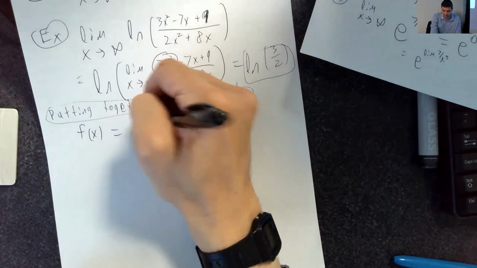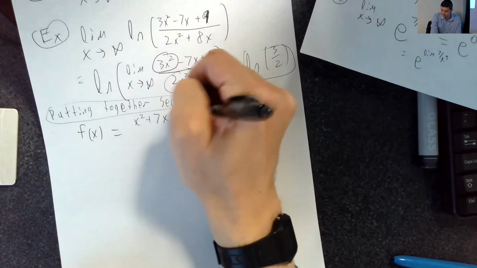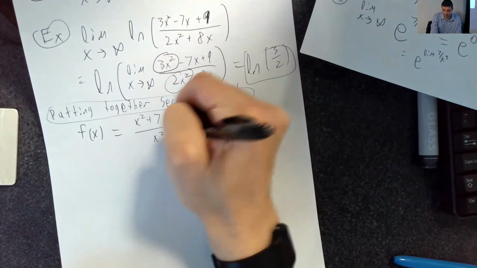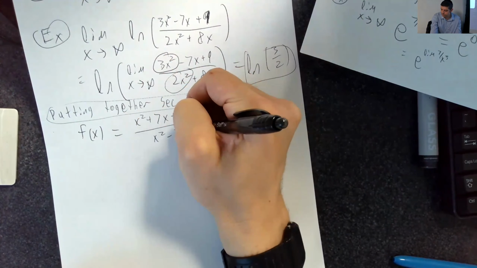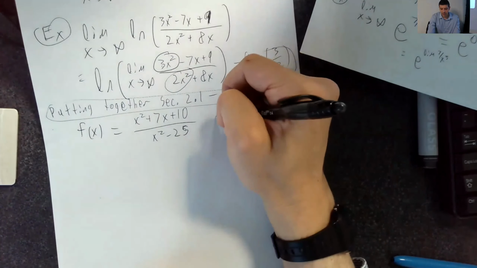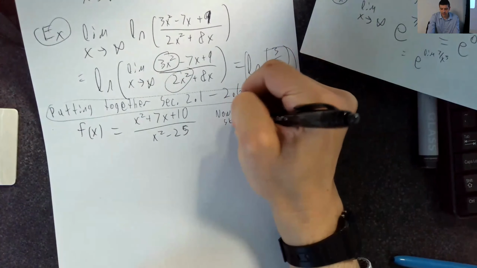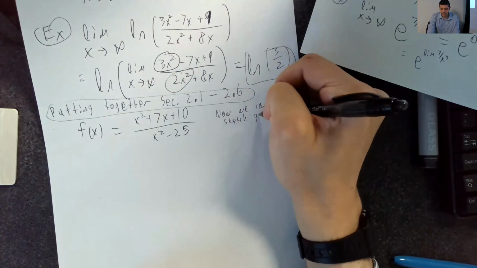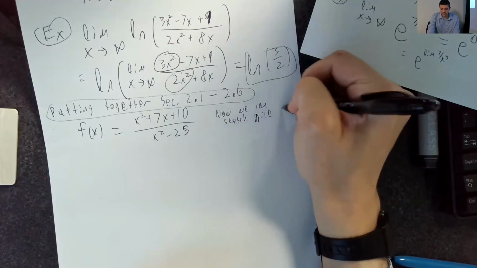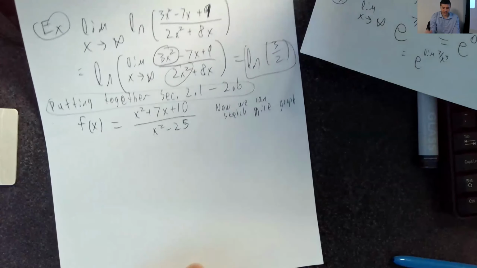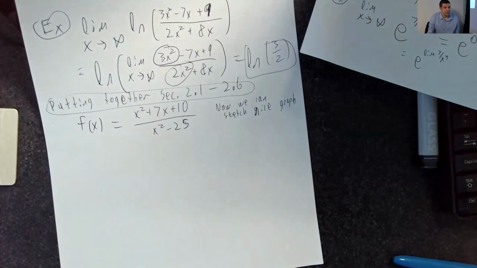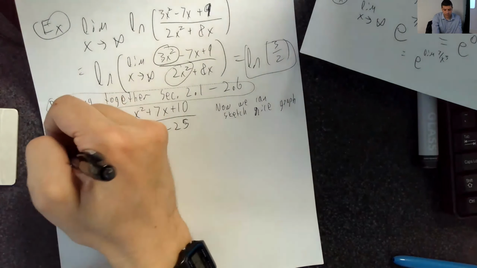So x squared plus 7x plus 10 over x squared minus 25. Now we can sketch a nice graph. We're going to put everything we did together.